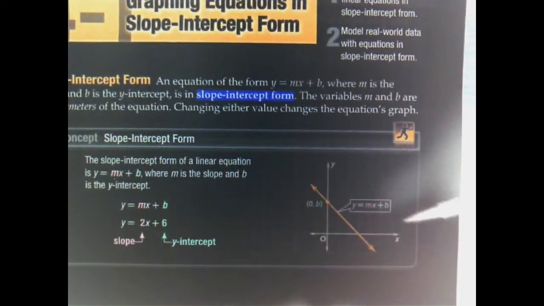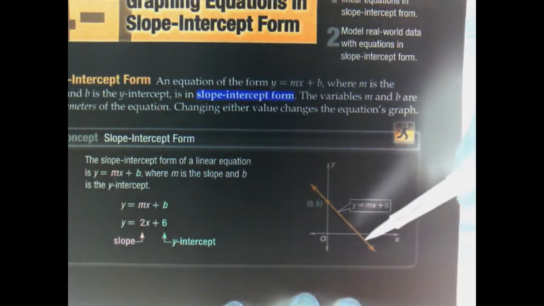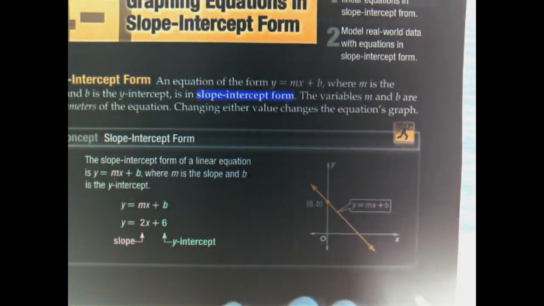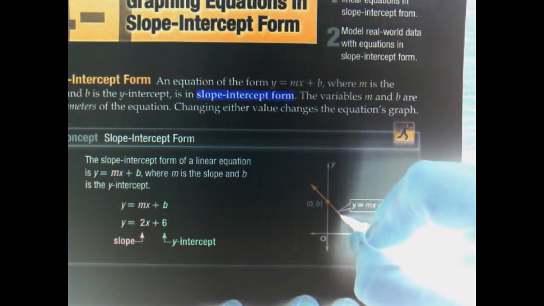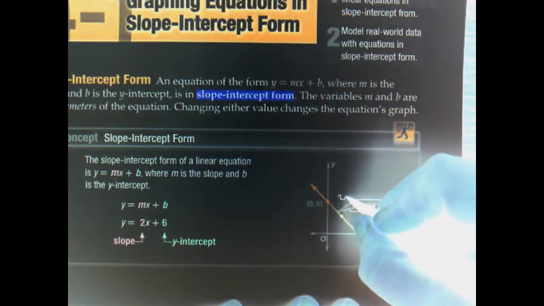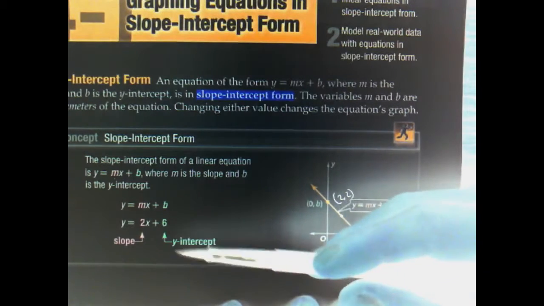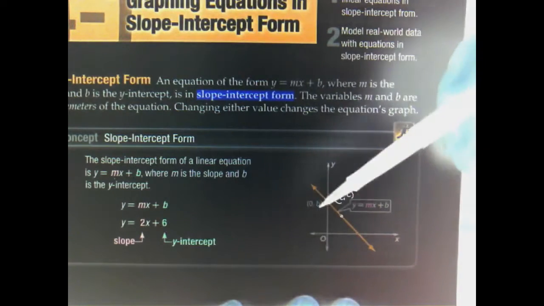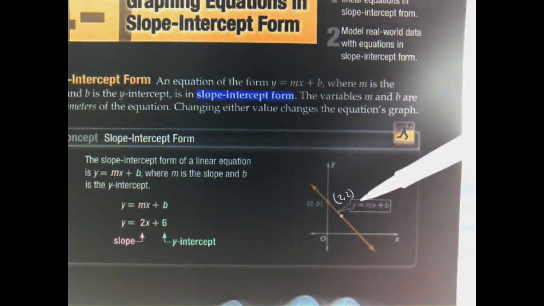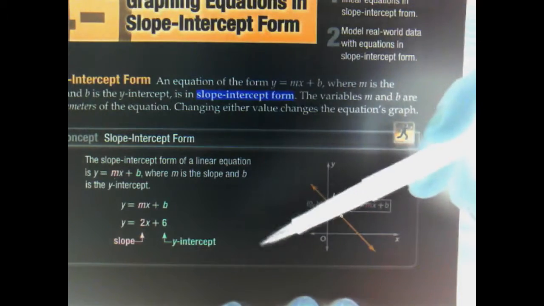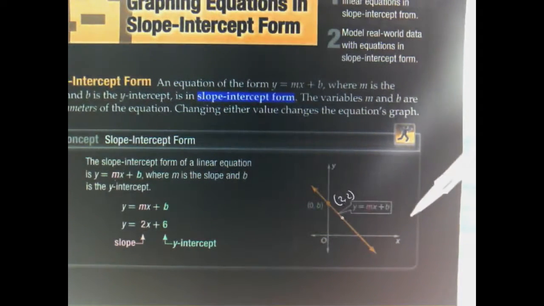Now we only plug it in for m and b because, again, the way an equation works is that each point along this line is an ordered pair, x comma y. We'll just say this is 2 comma 2, okay? X comma y that we could plug into this equation and it would make it true. So that's why we leave x and y there.